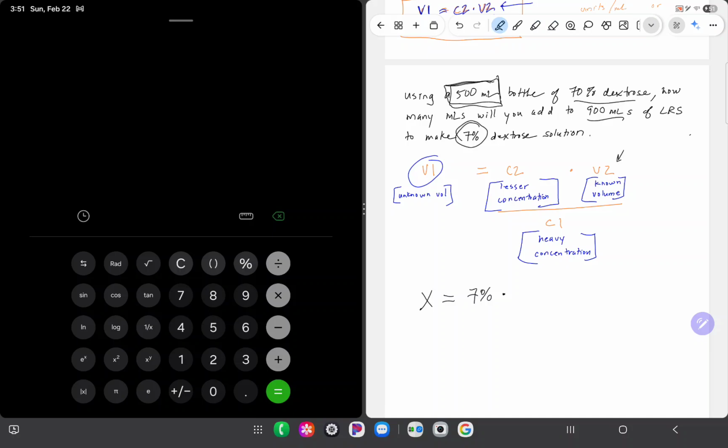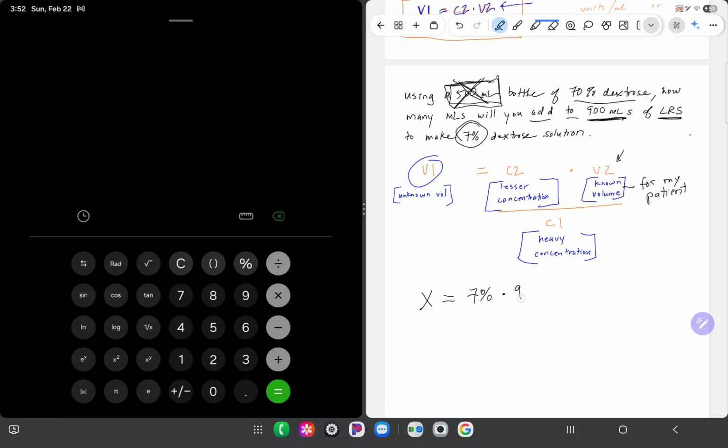However, as annoying as that is, it is irrelevant to know that it comes as a 500 mil. What we need to know is the volume for my patient. That's what we care about. So we're going to add to 900 mils of LRS. And we know LRS goes to my patient.